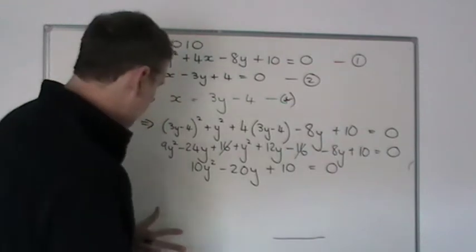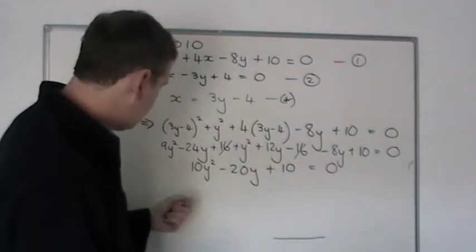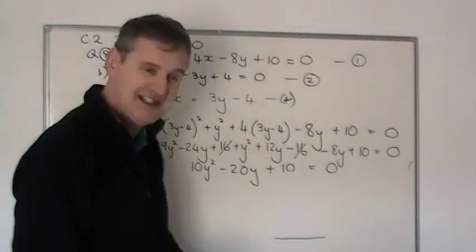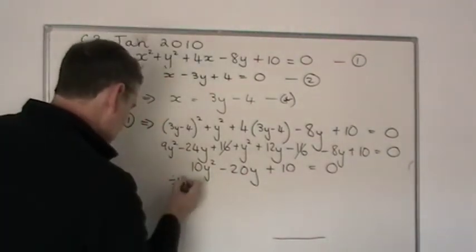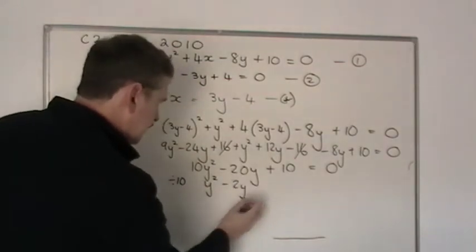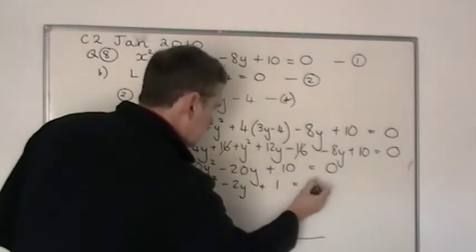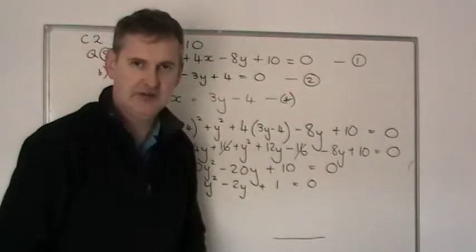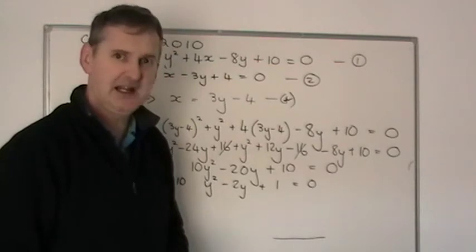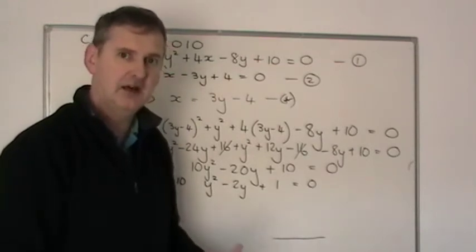Okay, before I try and factorise this, I would suggest you make your life a lot easier by realising you can divide every term by 10. So if I divide by 10, you're going to get a single y squared minus 2y plus 1 is equal to 0. Now we can try and factorise. It's a lot easier. In these questions, it is highly, highly unlikely that you'll ever have to use the quadratic formula.